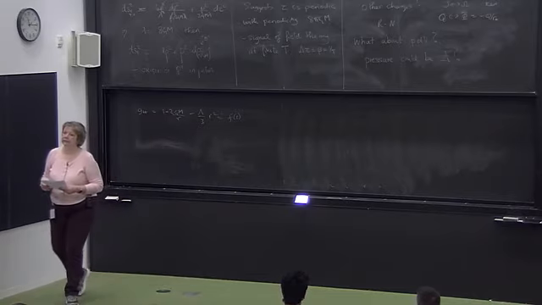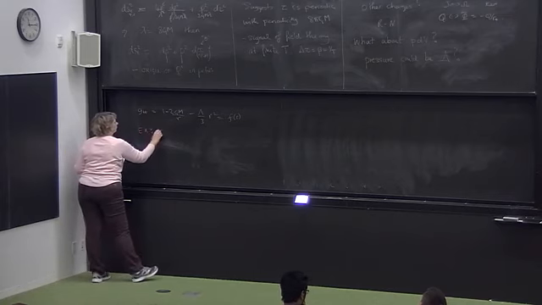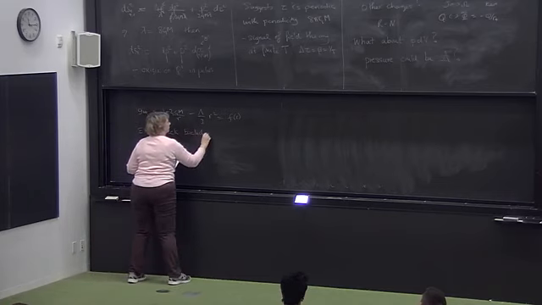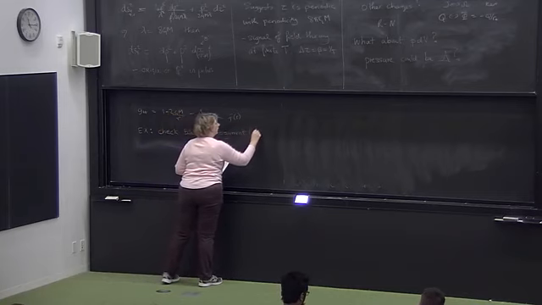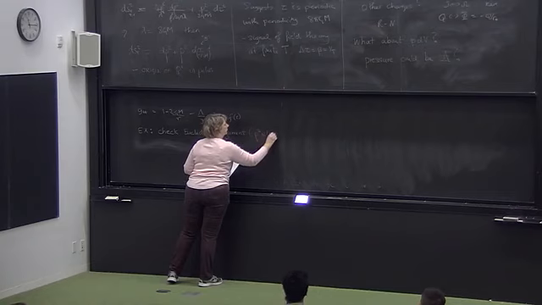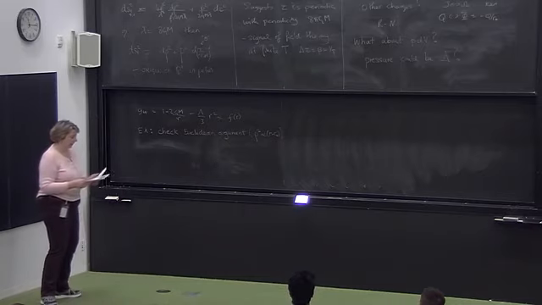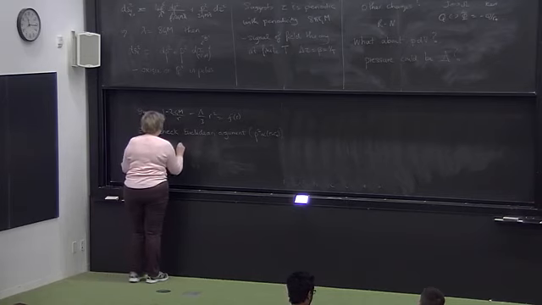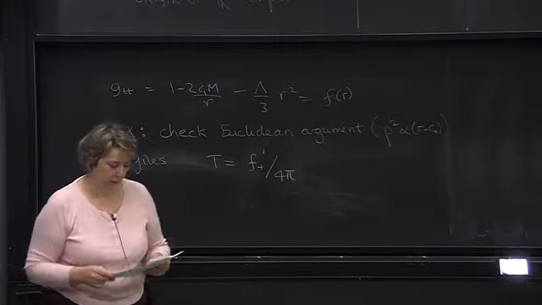I'm going to set you as an exercise: the Euclidean argument is saying rho squared is proportional to r minus r plus. Show that that gives T as the derivative of f at the horizon divided by 4 pi.